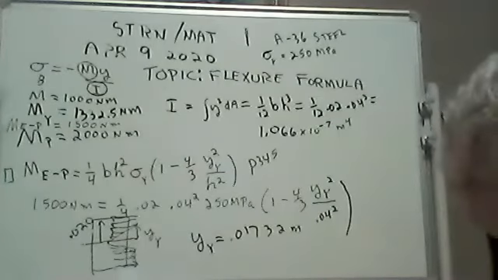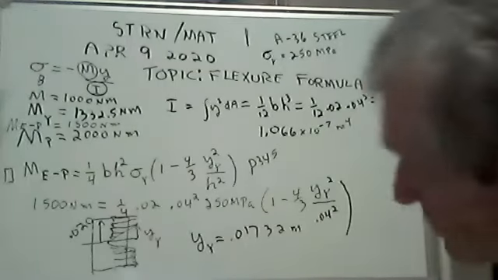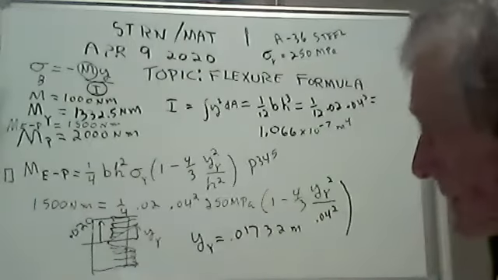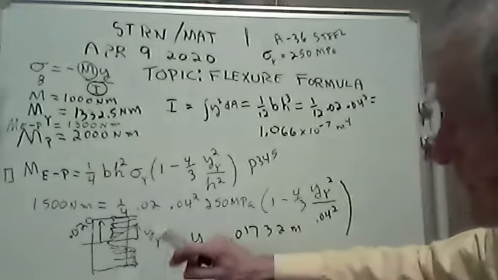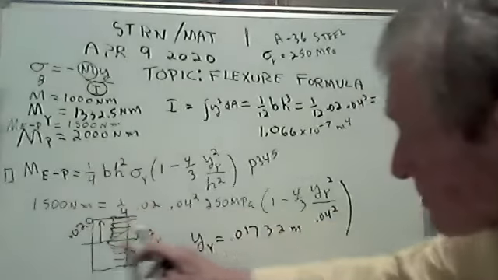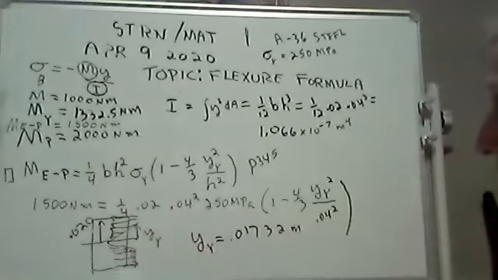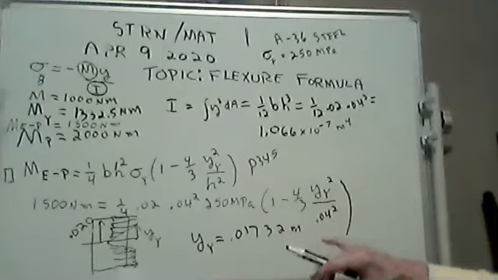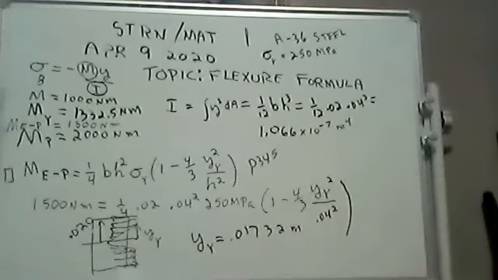All right. Now, should that number be negative? Oh, good question. I didn't get a negative. When I plugged in these numbers, I didn't get a negative. Well, wouldn't 1 minus 4/3 be a negative? Well, only if y squared over h squared is smaller than 3/4.